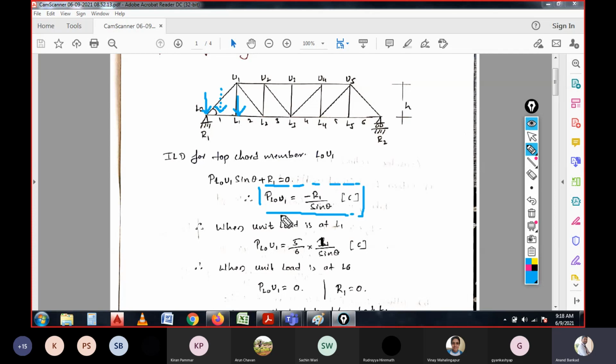the considered location of load. So here, when the unit load is at L1, if you consider the unit load position at L1 over here, what would be the value here? Once the load is at L1, the reaction forces need to be known.